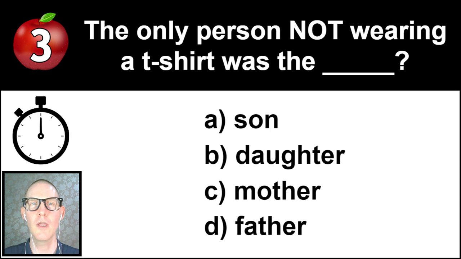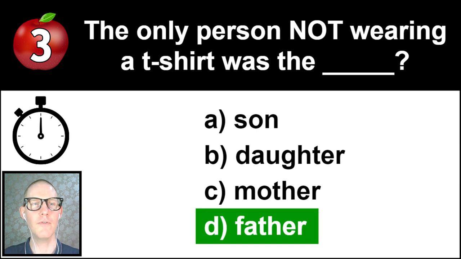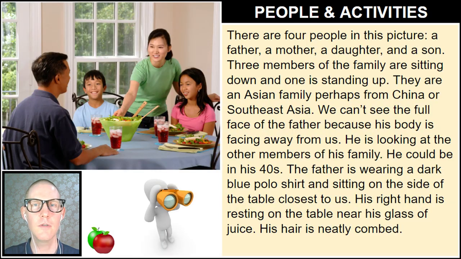Okay, here we go. The only person not wearing a t-shirt was the D. It was the father. All right, let's take a look. And we'll see where we described him.